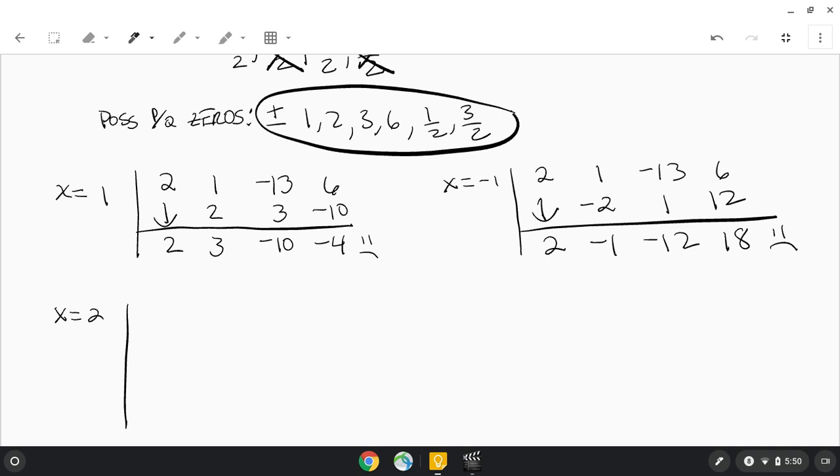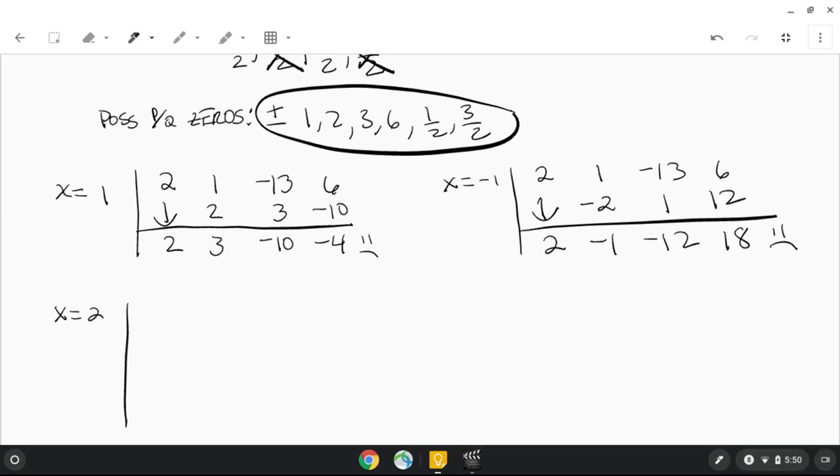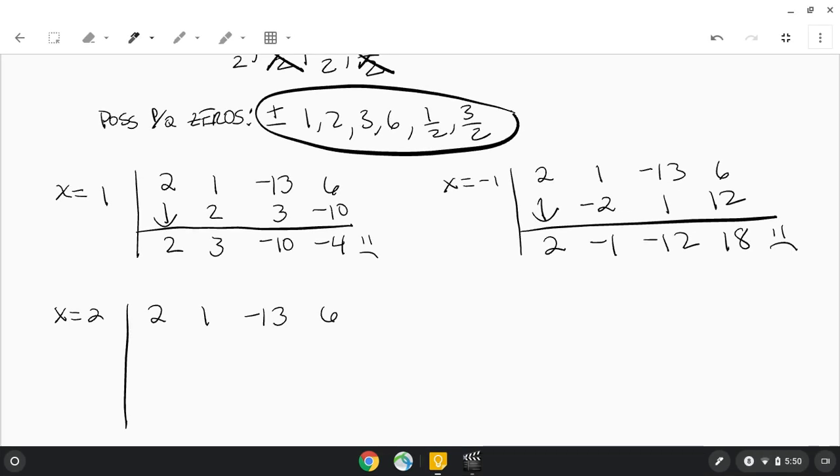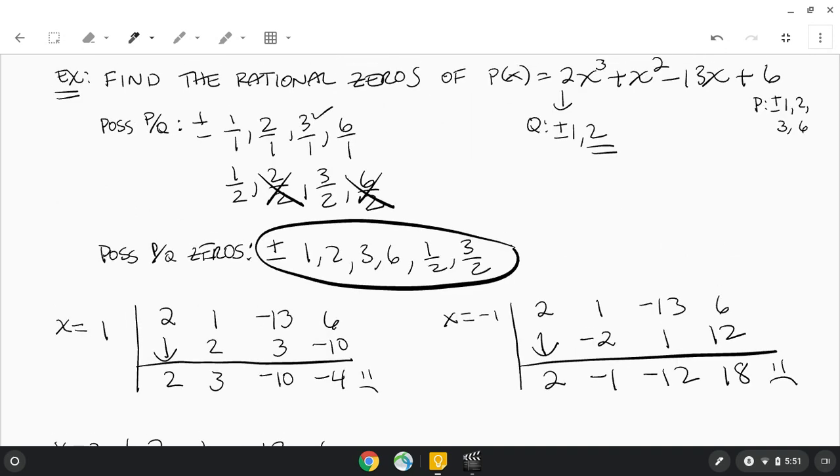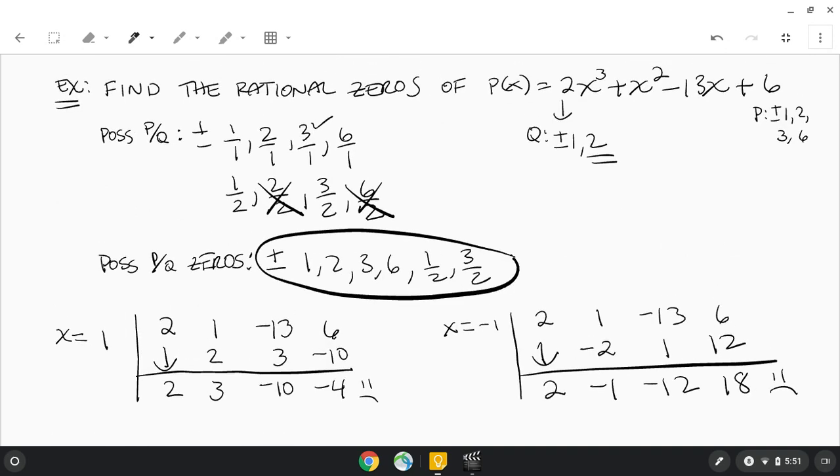So it was 2, 1, -13, and 6. Before I go on, let me make sure I copied the problem right. Is it +2, 1, -13, 6?